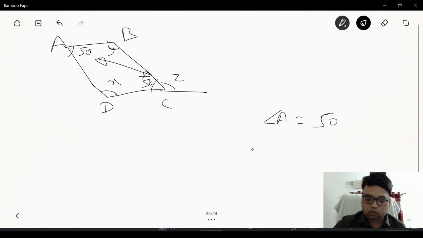And if this one is equal to 50 degrees, then what is the value of z?